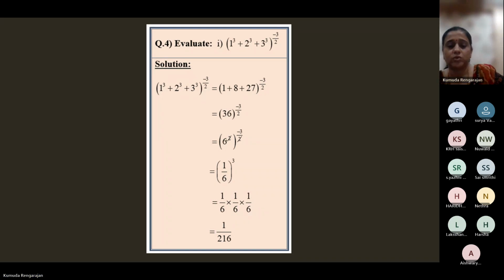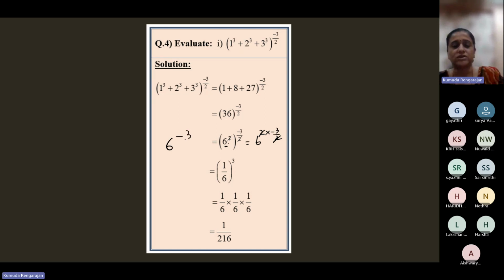All right. So we know when the base is raised to many powers, you have to multiply the power. So you can simplify. This is nothing but 6 to the power 2 into minus 3 by 2. So you can cancel the 2 and 2. So 6 to the power minus 3. 6 to the power minus 3 is 1 by 6 to the power 3.